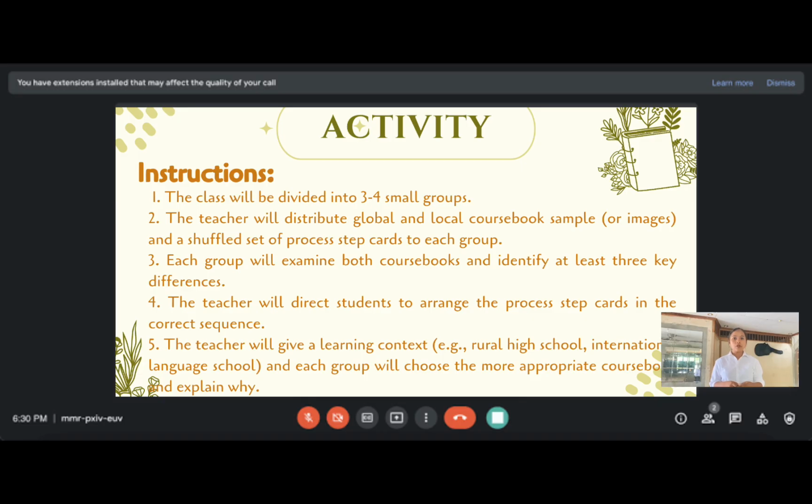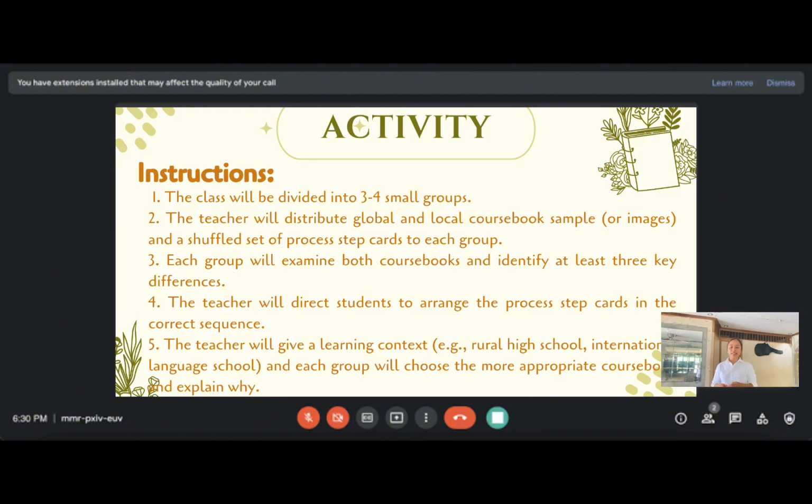As a group, you're going to find at least 3 important differences between the global course book and the local course book. Next, the second task is with the set of cards that I will present.